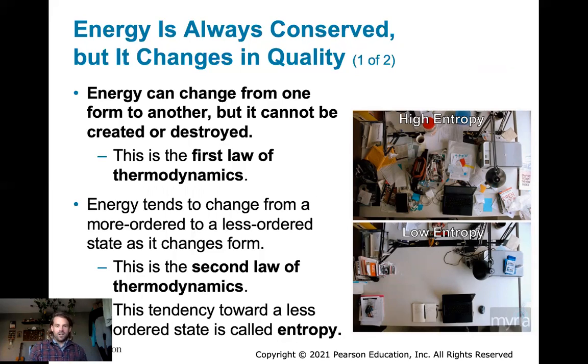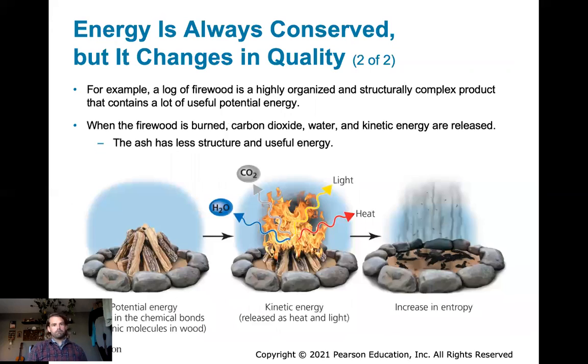And this is the second law of thermodynamics. And this tendency toward a less ordered state is called entropy. So if you look at this desk here, this is a low entropy system. This is a high entropy system, right? More order, less order. And these are the first and second laws of thermodynamics. So can't create or destroy energy, first law. Tendency towards chaos or entropy, second law, okay?